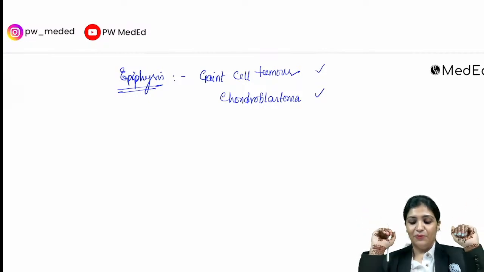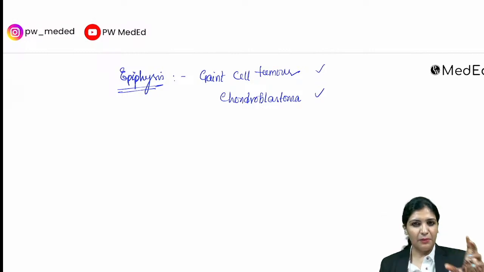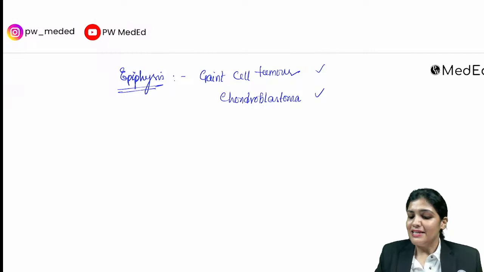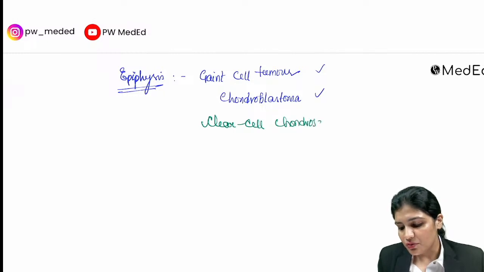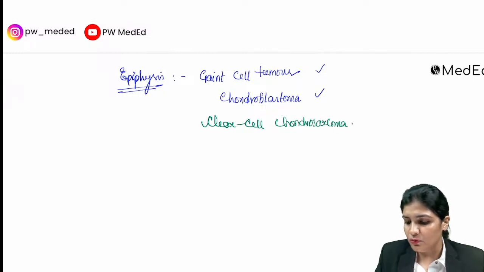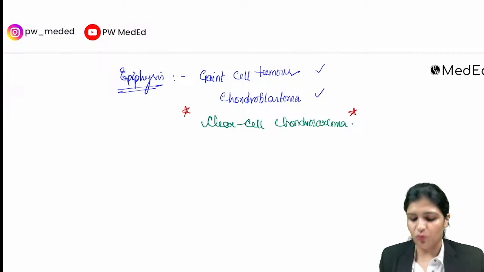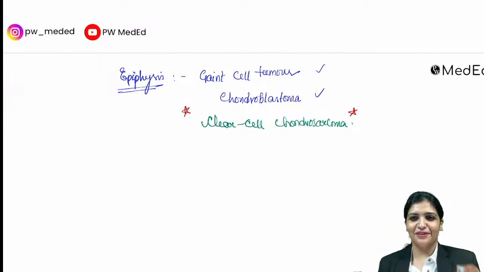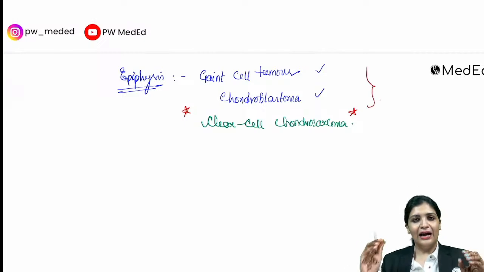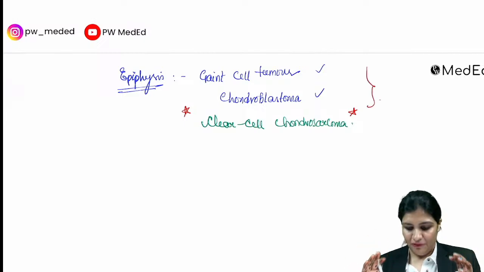And I want to add one more, that is clear cell chondrosarcoma. This is an addition for people who want to remember more and score more. It is also seen in the epiphysis. So these 3 conditions are seen mostly in the epiphysis.